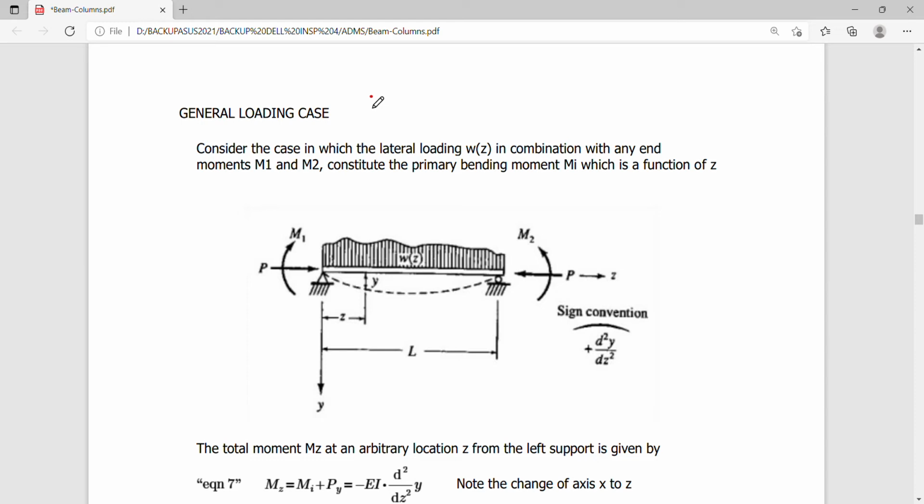So we are now referring to the loading condition in which there is a transverse load acting.